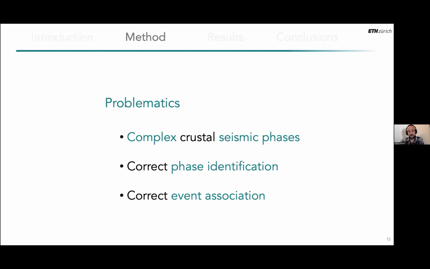Of course, these automatic problematics are mainly represented by dealing with complex crustal seismic phases that derive from this huge area of investigation, plus their correct identification, and therefore also the correct event association of them.